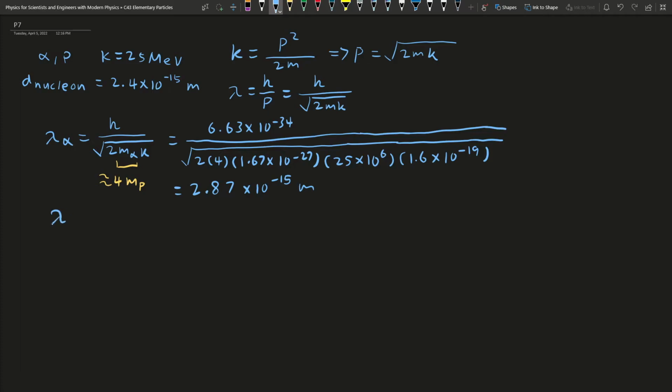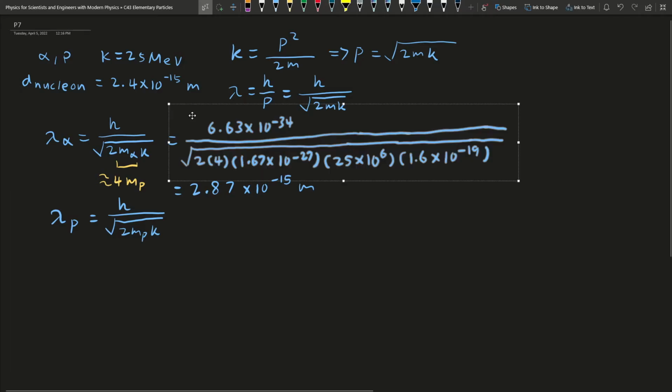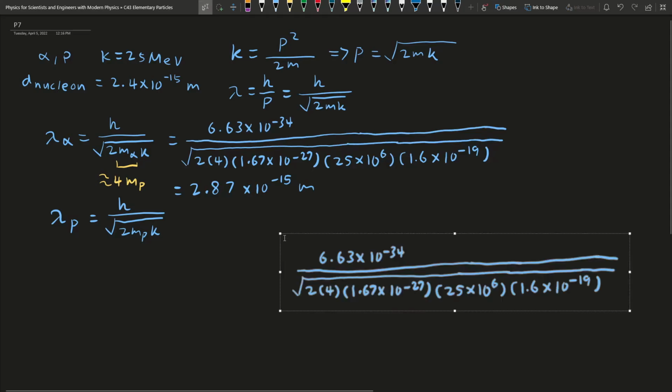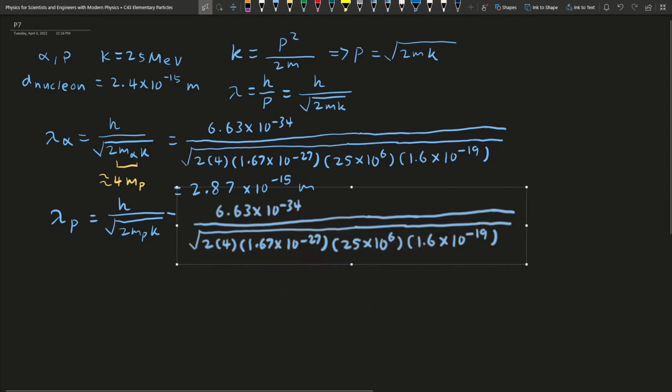Now the same thing, we solve for the wavelength of the proton. The same formula but different mass, so h over the square root of 2 m p K. We can copy this whole thing to here, but now we only have one proton, so we don't need to multiply with 4.